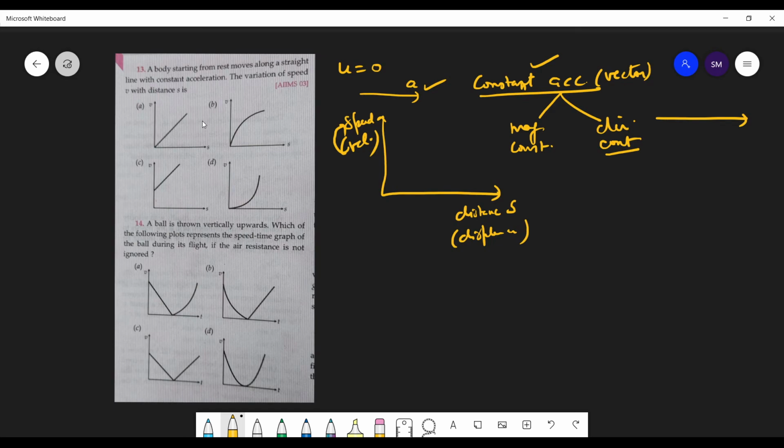Take all of you, just write your option. What option do you think is the correct one? In the message box you can write your options.